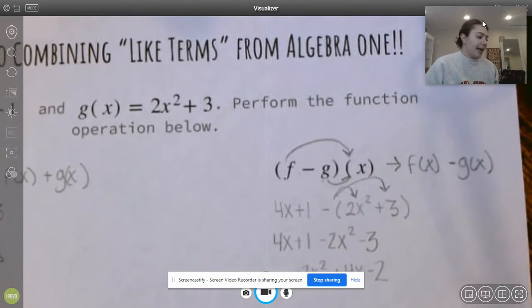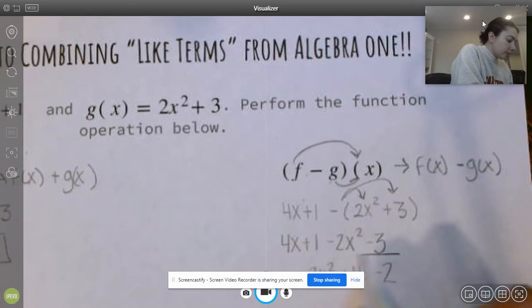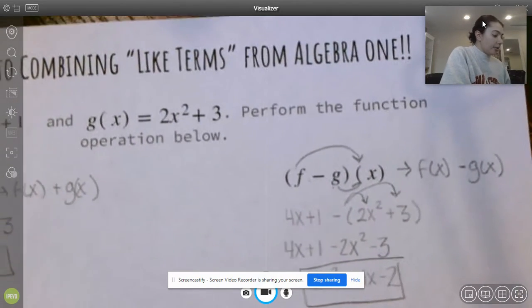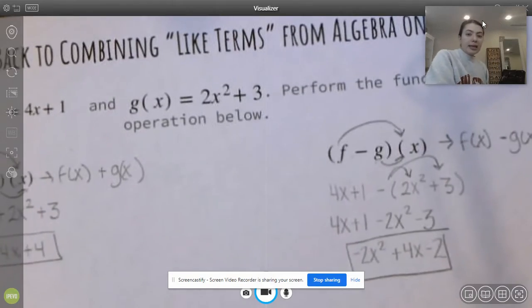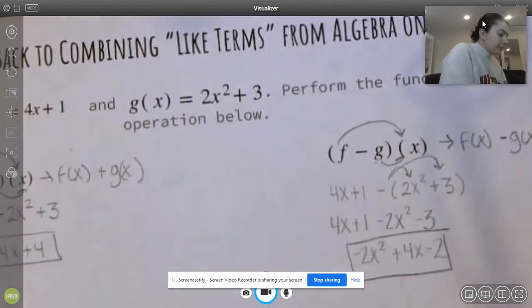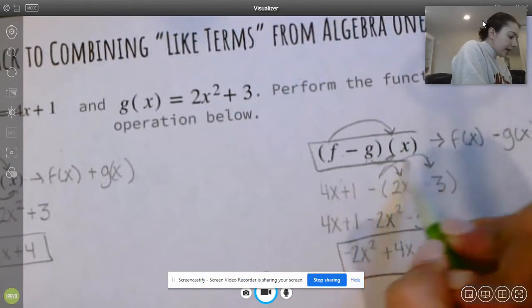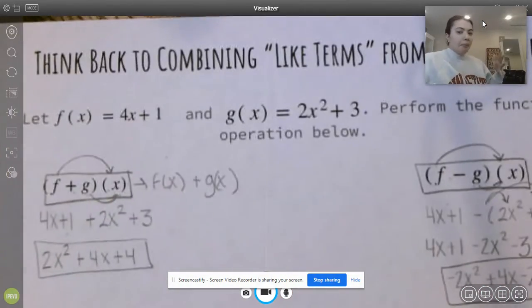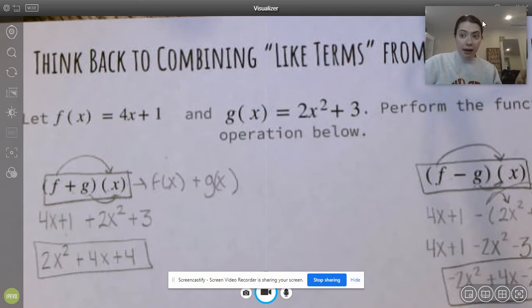And really, our answer is not any different than the answers we had on the other slide. The only thing that looks different is the way the notation is written. Now, instead of f of x plus g of x, we have f plus g times x, or f minus g times x.